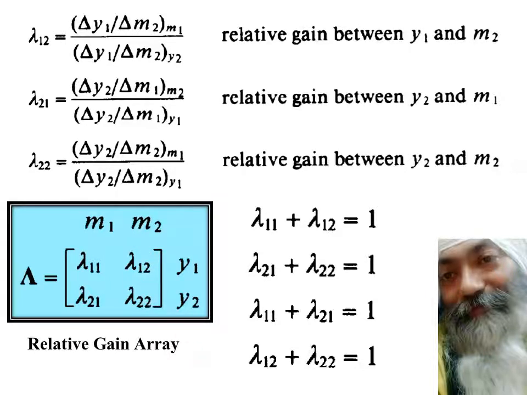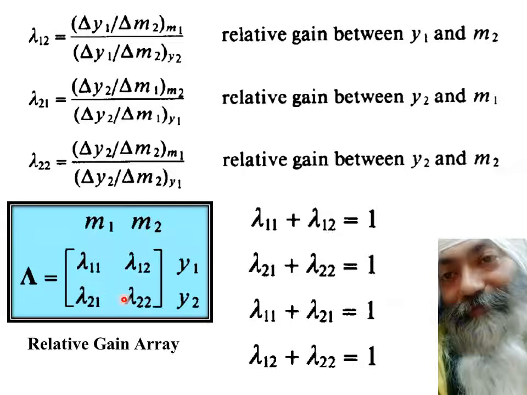All these sums are always equal to 1. So it means that if you know one element, the remaining elements can easily be computed. For example, if this element happens to be 0.25, the sum of this and this is 1, so this will be 0.75. Sum of this and this is 1, so this is 0.25, this will be 0.75, and this will again be 0.25.